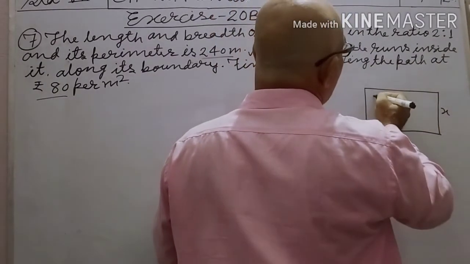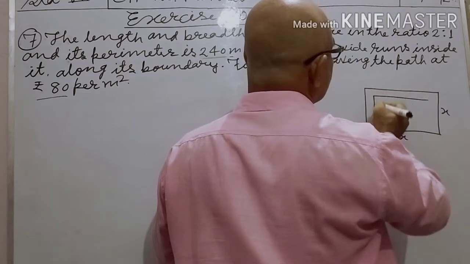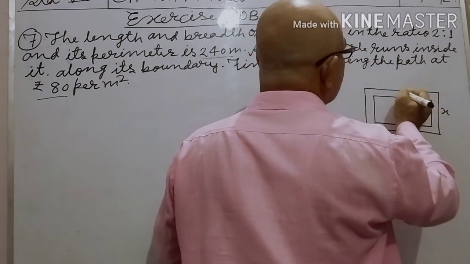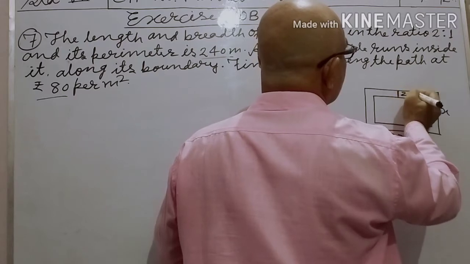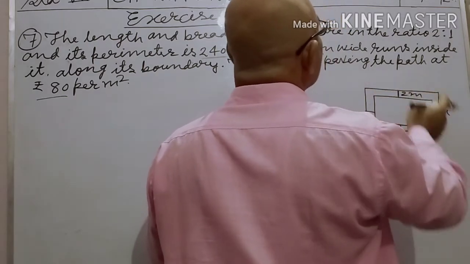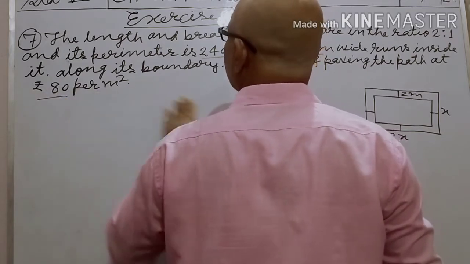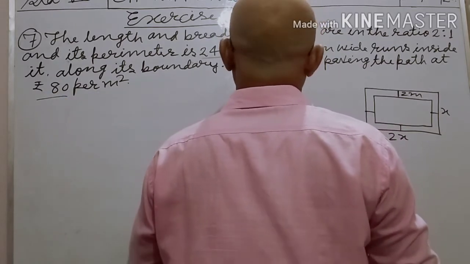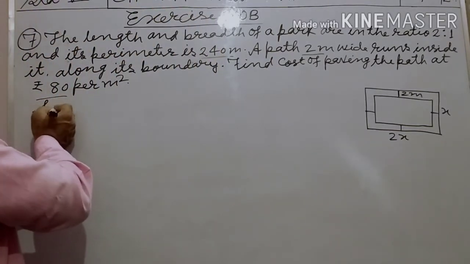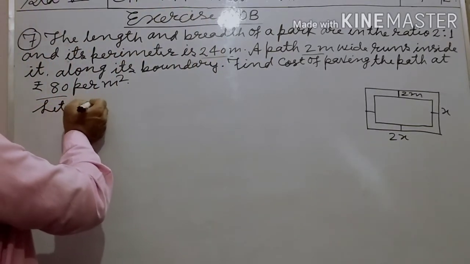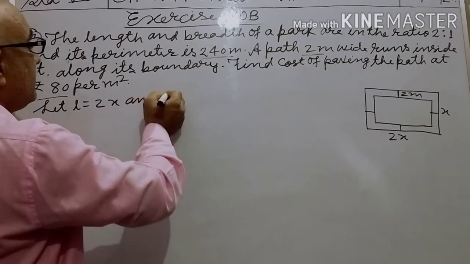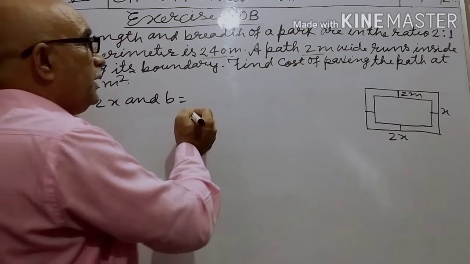And a 2 meter wide path runs inside it along its boundary. So let length L equal 2x and breadth B equal x.